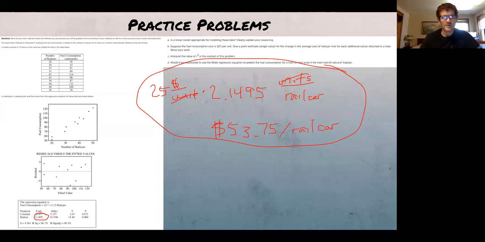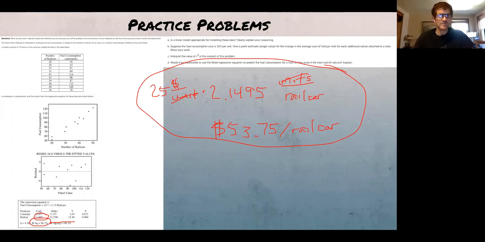R squared. We need to interpret R squared in the context of this problem. Remember, we have two R squareds given, but we use this one, not R squared adjusted. So R squared is 96.7%. We have a template for it, so you can refer back to this if you have a question on the FRQ. 96.7% of the variation in fuel consumption is explained by the model.